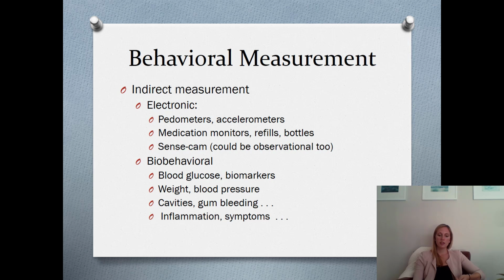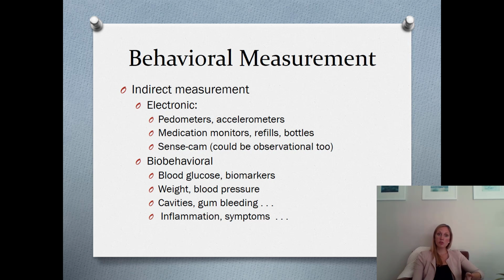If you're measuring smoking, there's a salivary assessment that you can measure to determine whether people have smoked. You can measure people's weight or blood pressure. All of these different biobehavioral assessments can serve as proxy measures to see if a behavior has occurred.